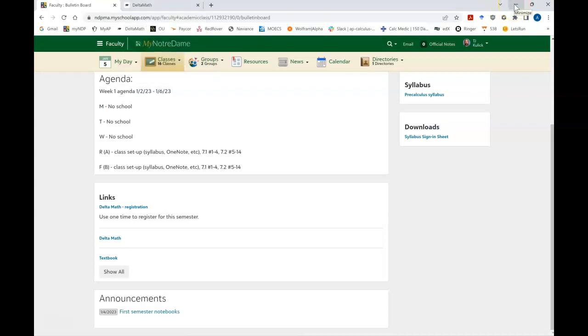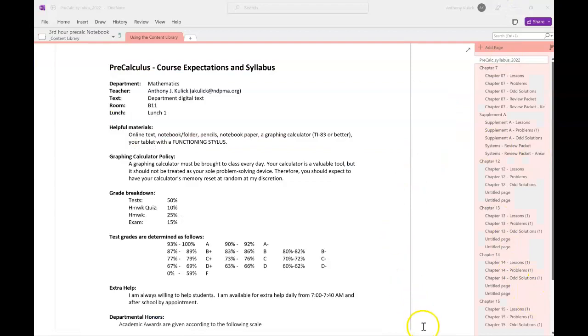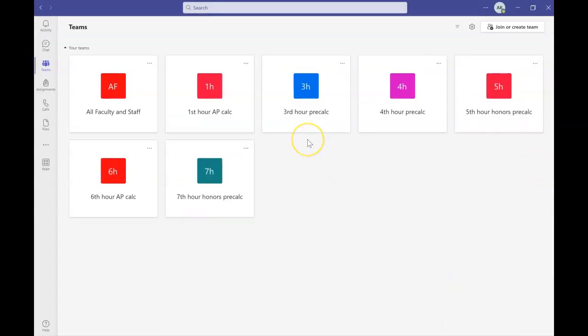After you've done that, pull up your Microsoft Teams for me. Yep, Teams. This is the only time we use it. But once you've finished your Delta Math registration, open up Microsoft Teams, and you should find a tile for third hour pre-calc.